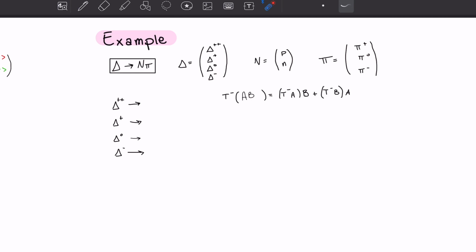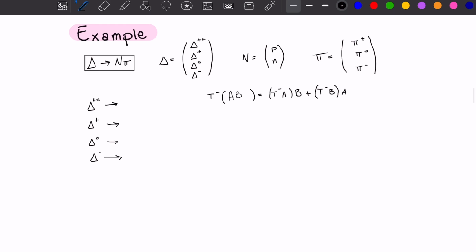The delta particle has 4 different projections: delta plus plus, delta plus, delta 0 and delta minus, and we need to find out the different combinations. How I like to start is, you need to remember that the highest projection and the lowest projection only have one possibility, only one combination.